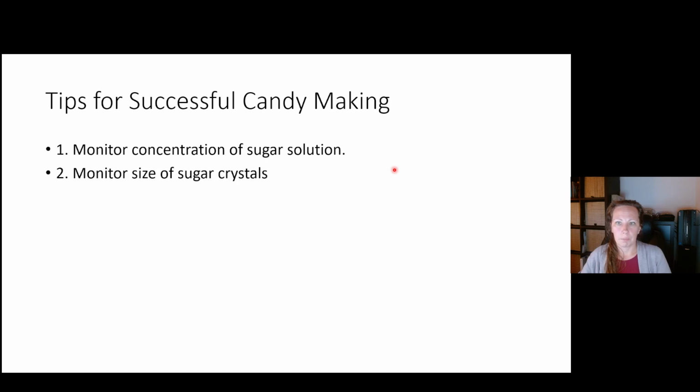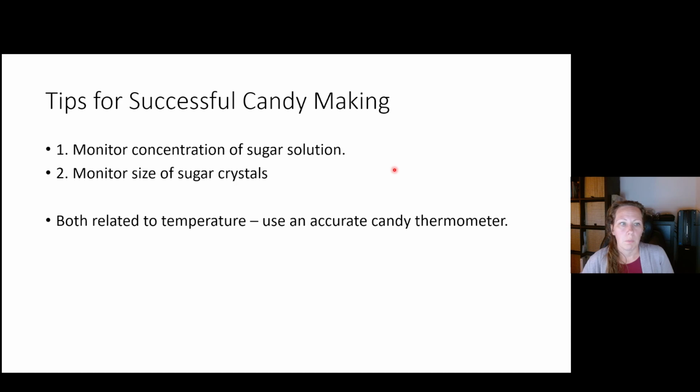Also, we want to monitor the size of the sugar crystals, all the stuff that we've talked about in that last section, understanding what creates sugar crystals and how to control the size with agitation or when we are doing certain steps. Both of these are related to temperature.